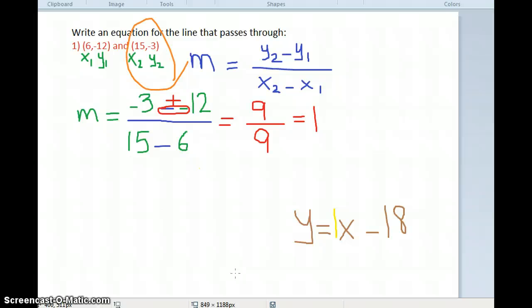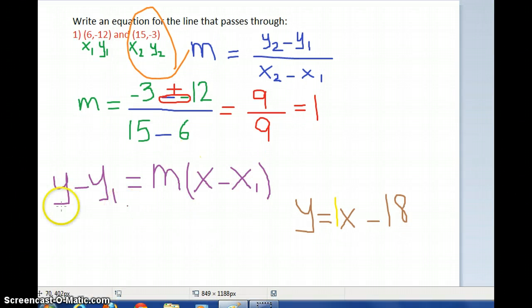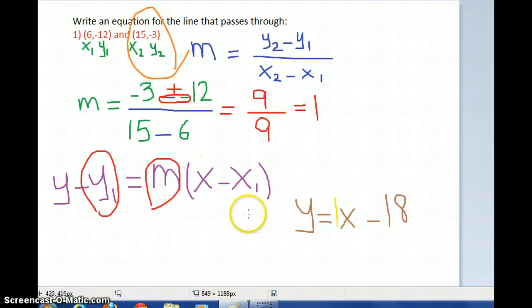That other equation, as we said in class, is point-slope form. It's y minus y1 equals m times x minus x1, and we're just going to plug in numbers here, here, and here.